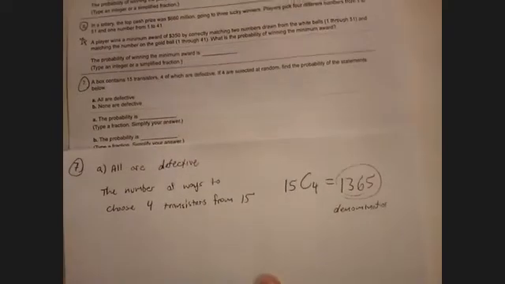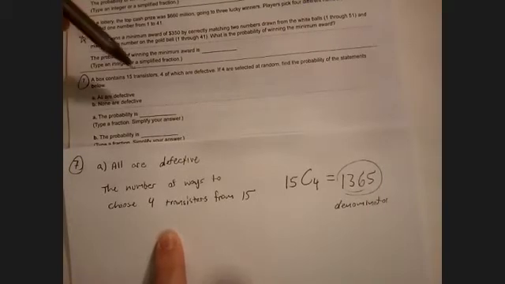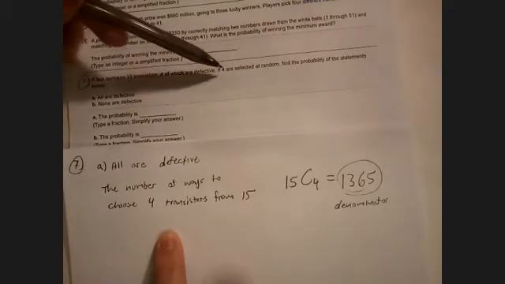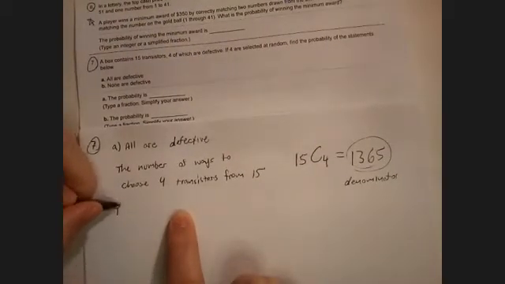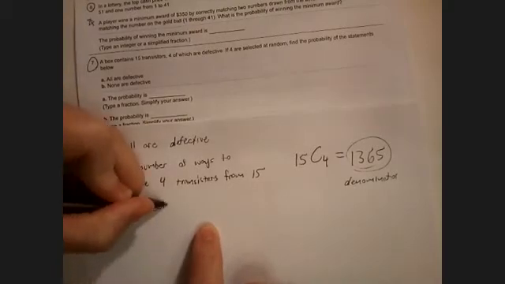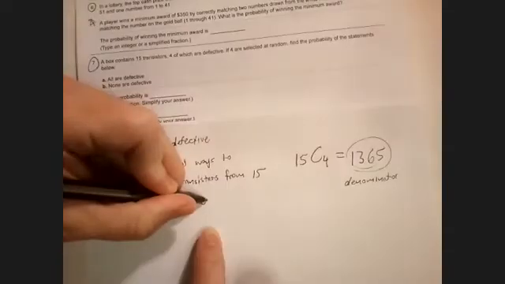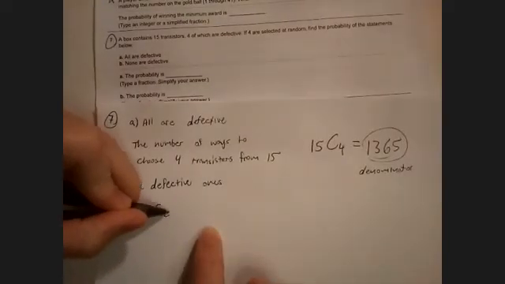Okay, for part A, for the top number, we want to choose all of the defective transistors. There are 4 defective ones, and we're choosing 4. So the defective ones would be 4 choose 4.